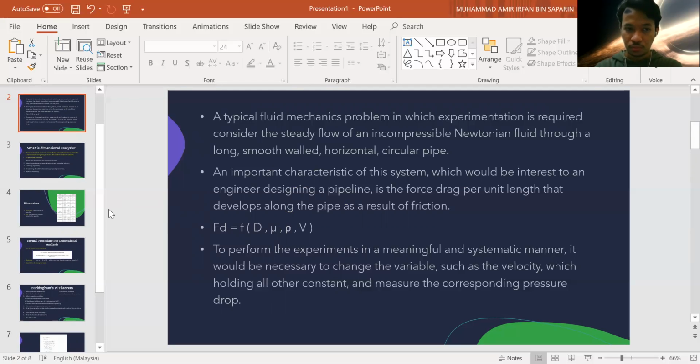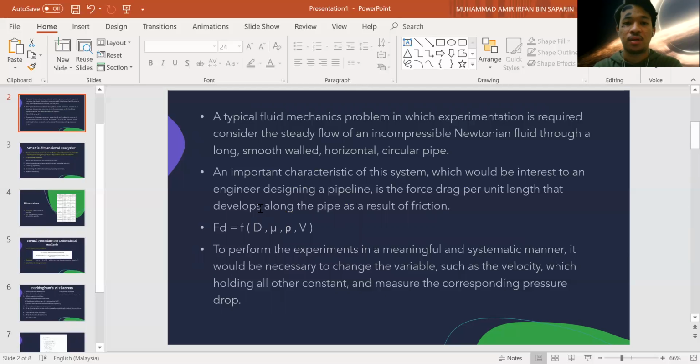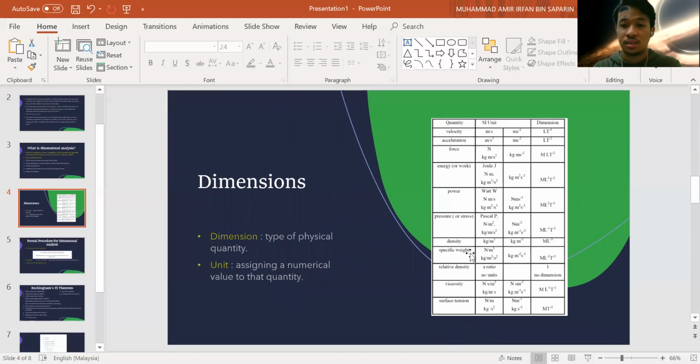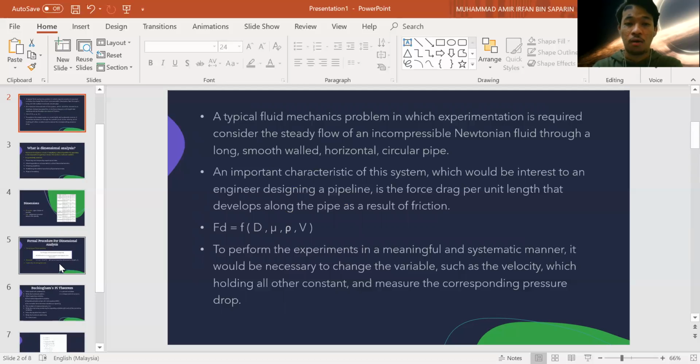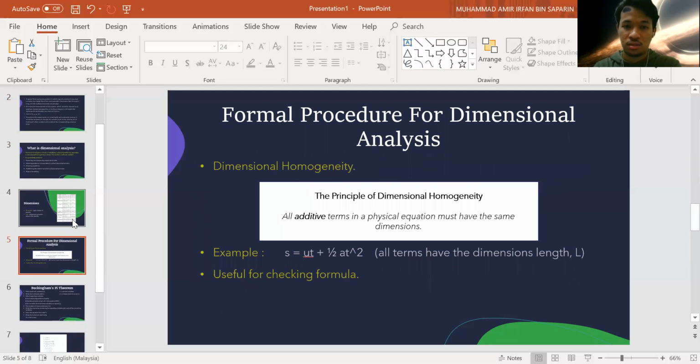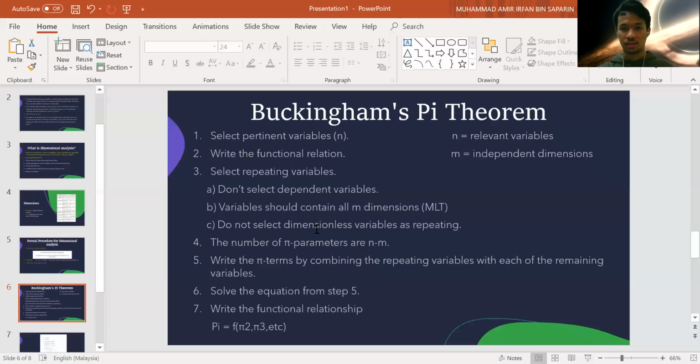The dimension for viscosity is ML^-1T^-1, the dimension for density is ML^-3, and the dimension for velocity is LT^-1. So there are 3 independent dimensions, which are mass, length, and also time.